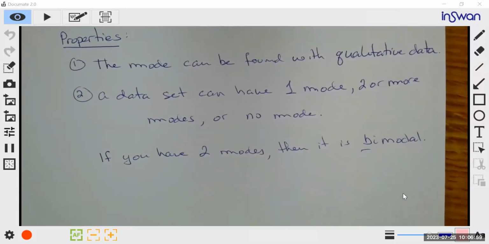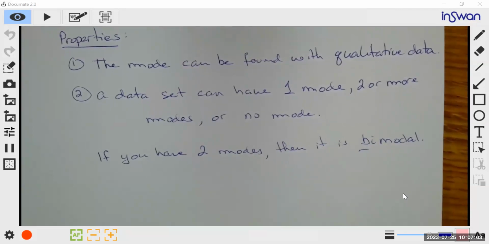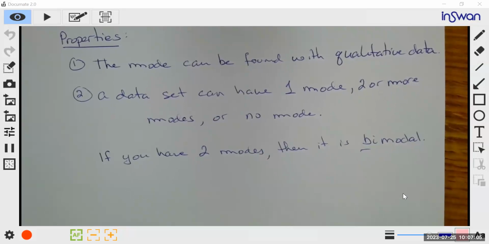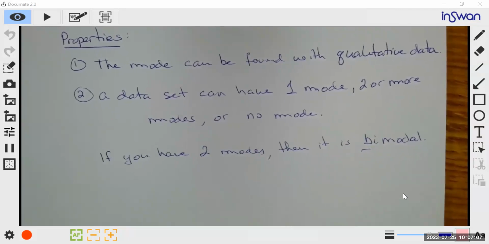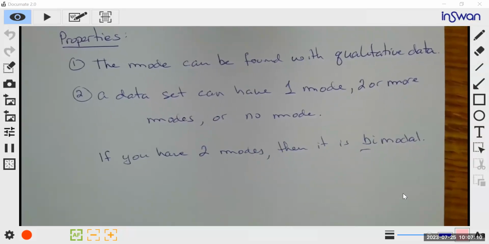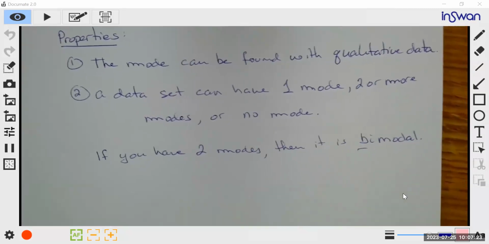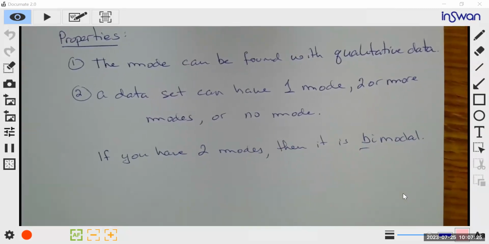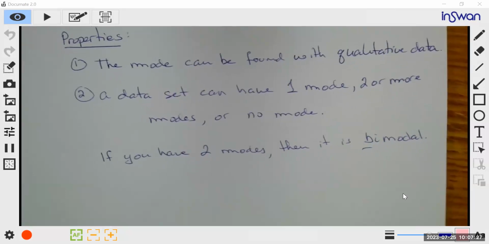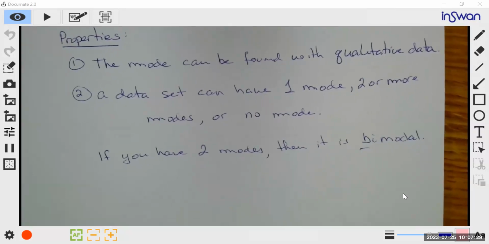Two. So that's two modes. Depending on the size of your data set, if you had only 10 numbers and you had 3 modes, do you really have a mode? When you have 10 pieces of data, if you have 3 modes, that's 60% of your data points are modes. So then that's where you say you have no predominant mode. If you have a small data set, anything more than 1, maybe 2 would be too many. So you don't have a predominant mode. It's just a data set.